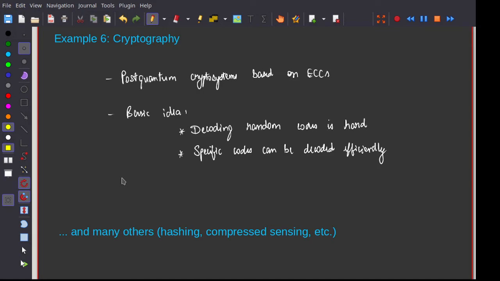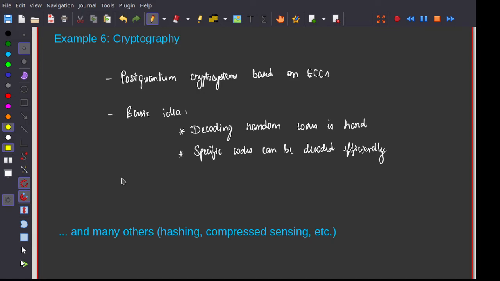If I give you an arbitrary huge error correcting code and I ask you to decode it, it turns out this is a computationally very hard problem. This has been used to design what are called post-quantum cryptographic schemes. There's been a lot of work in lattice-based cryptosystems, and based on similar ideas, cryptosystems based on error correcting codes. These two are very intimately connected to each other.